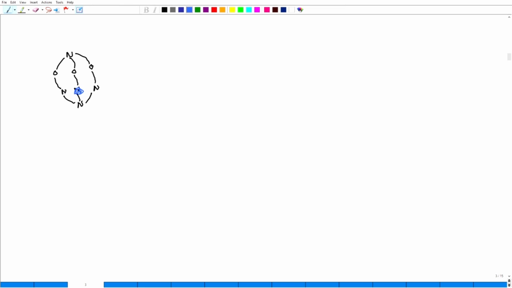Okay, it binds to these nitrogens, 1, 2, 3, 4. So, 4 nitrogens bind to this copper, and its other part here is empty. This part is empty, there is nothing. So, something can come and do some chemistry also.